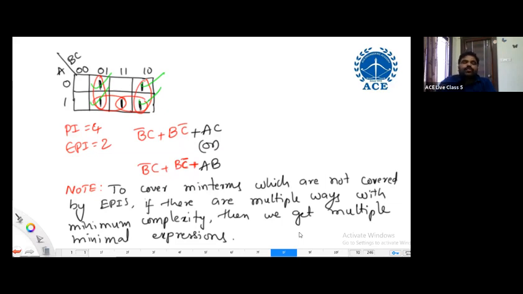The two selective prime implicants. But which one is redundant? I cannot confirm. To say it is redundant, it must be covering minterms which are covered by essentials only. Is it there in this? No. If one is already considered, the other one becomes extra. But to say it is redundant, it must be covering minterms which are covered by essentials only.